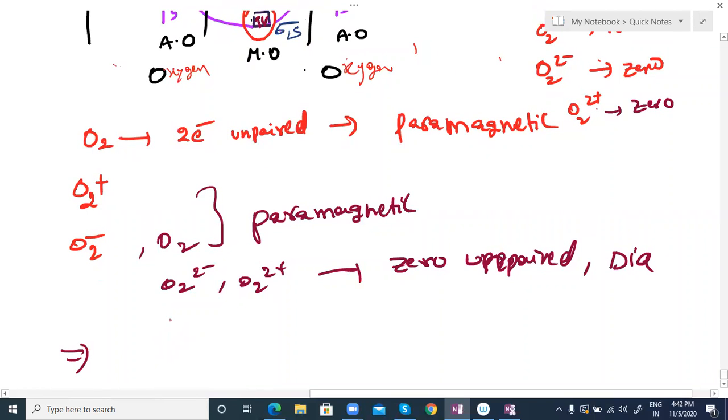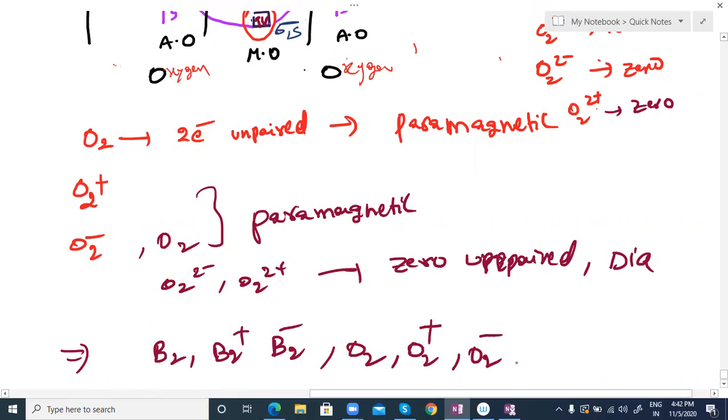So almost we discussed these things. B2 molecules I discussed in my previous video, the MOT-1 video; you can check it. So B2 also paramagnetic, B2 plus also paramagnetic, B2 minus also paramagnetic, O2 paramagnetic, O2 plus paramagnetic, O2 minus paramagnetic. Even recently a JEE question was given, and you can expect it in the next NEET also.